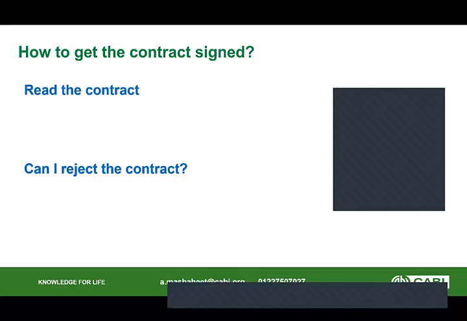The only case where we cannot is when we commit from the beginning that we will not say no. That is the only case in which we cannot reject the contract: when we commit from the beginning that by submitting our proposal, we are aware of all the terms and conditions, and we will sign the contract once we are given the opportunity to sign it.